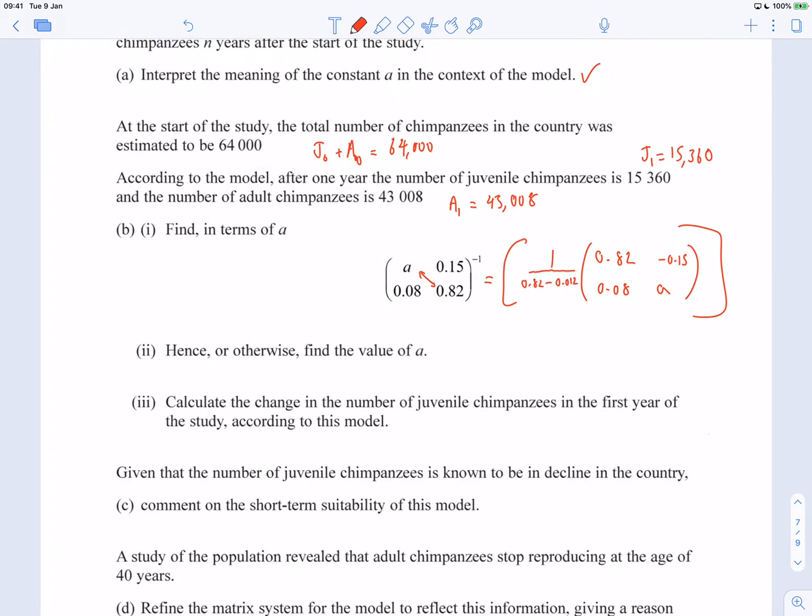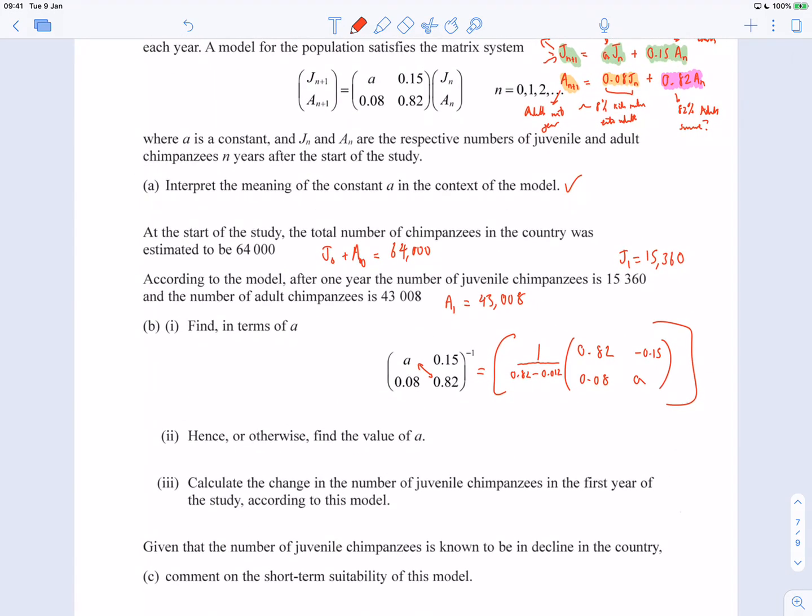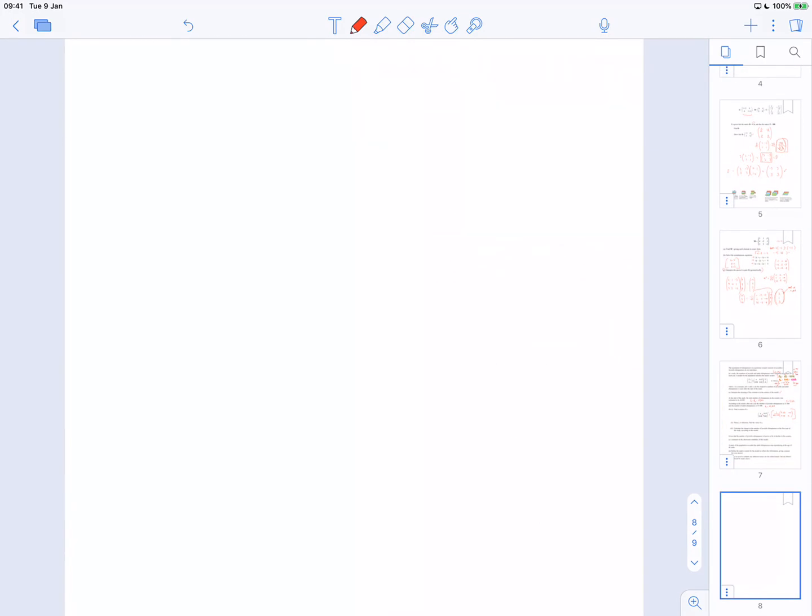Okay, new page. So I've got J1, I've got A1.